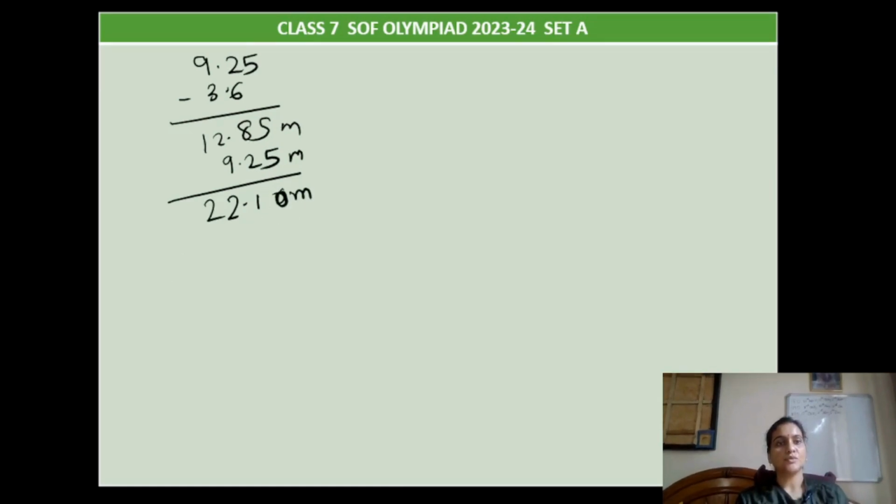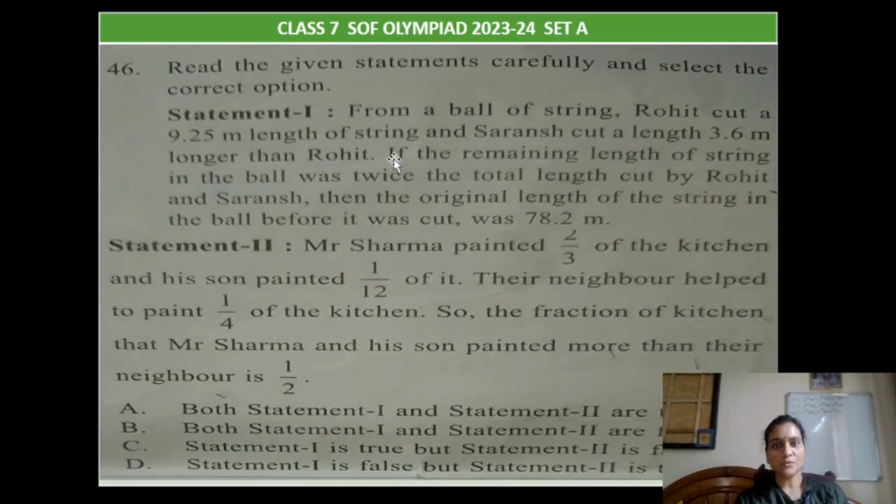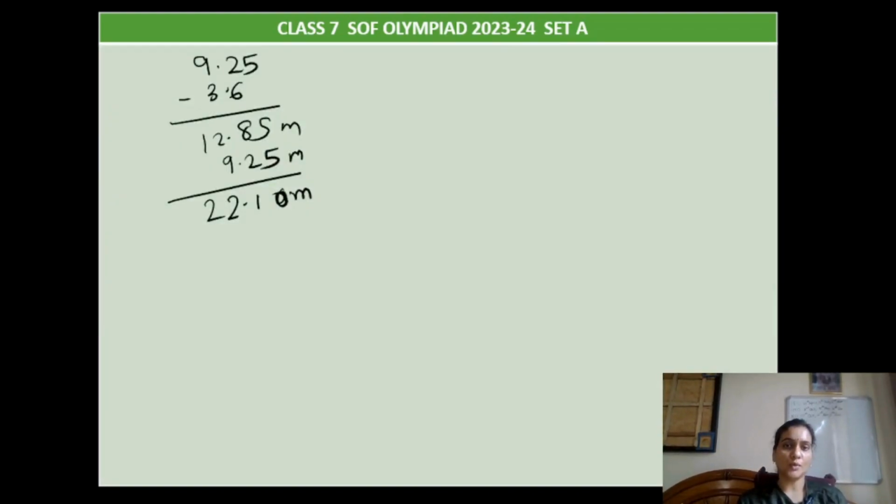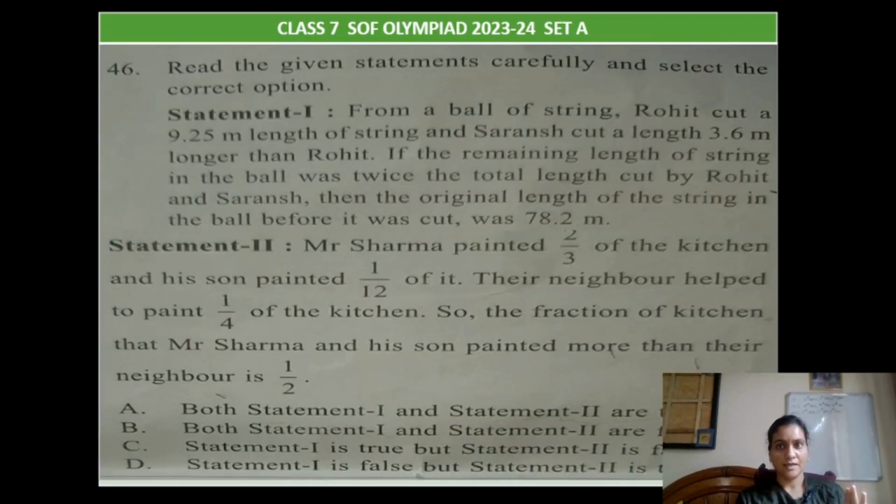22.10 meters. So now the question is saying, if the remaining length of the string is twice the total length cut by Rohit and Saransh, so what will be twice of 22.1? Obviously it is going to be 44.2 meters. So this is the leftover ball of string. Now it is saying the original length before anything was cut was 78.2 meter.